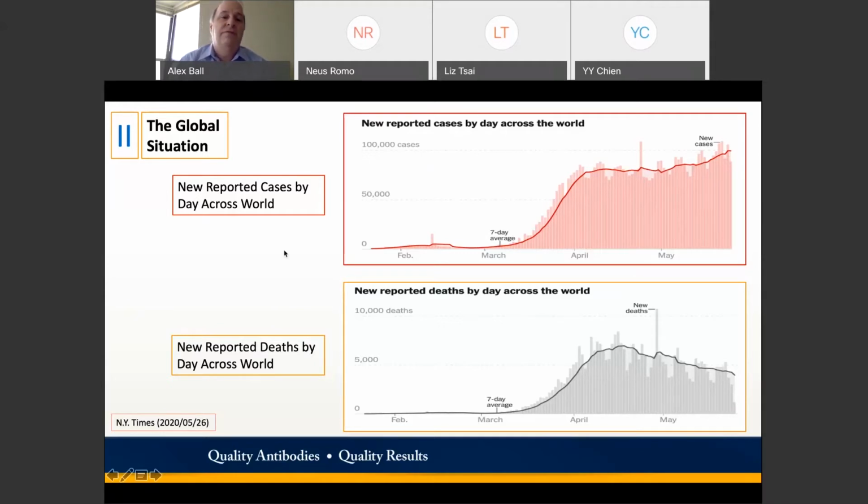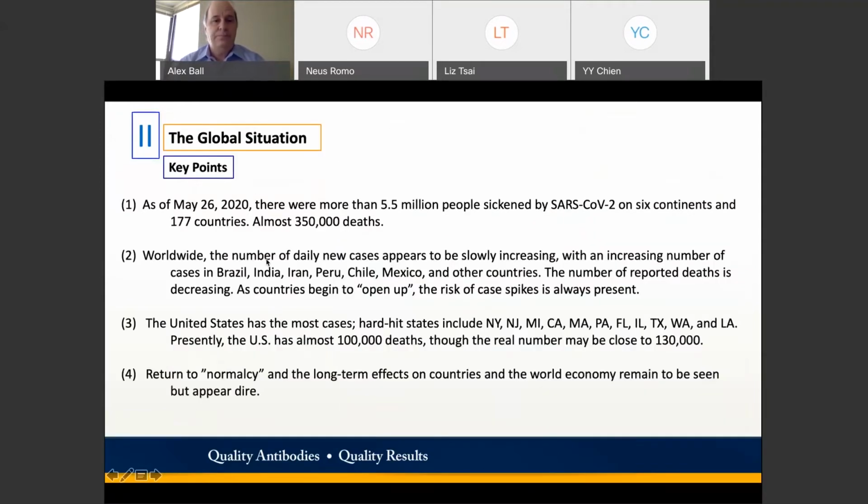Now, whether that is because of increased testing or the fact that countries are trying to open up again and get their economies started, and so you are seeing increased cases, new additional cases pop up, is the question.